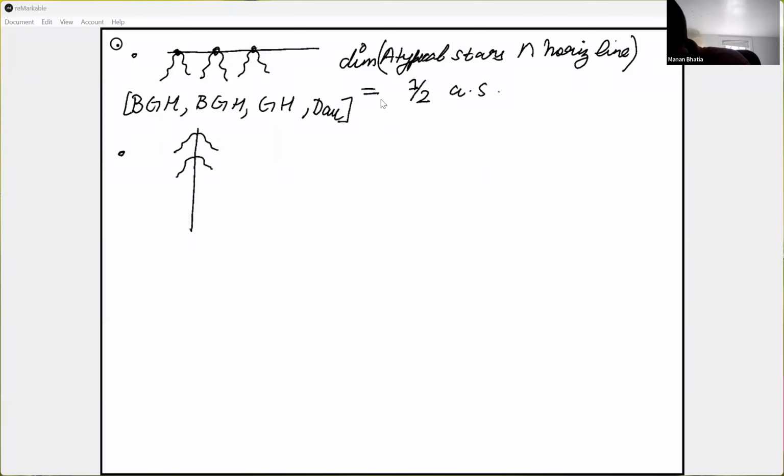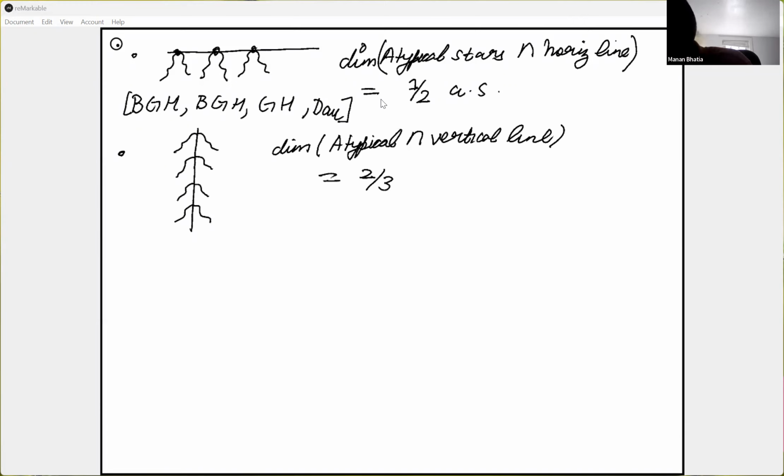And again, you looked at the star points on the vertical line. And the result is that the Hausdorff dimension of these star points is equal to 2/3 almost surely.